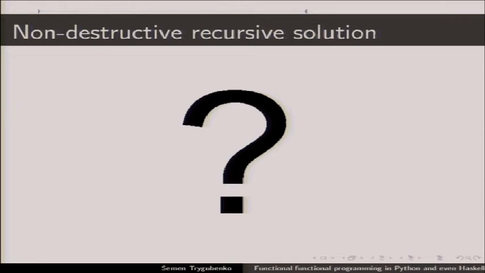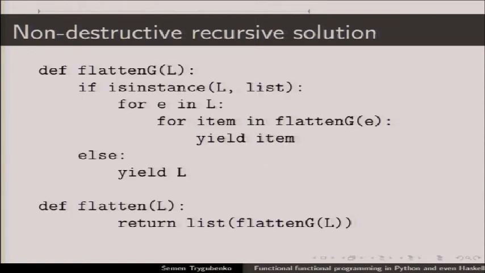Okay, so yeah, of course. We all have to transition at some point. So here's what I propose to do if you want a non-destructive recursive solution, and then we go to coffee break. I have again used an implementation generator called flatteng. I invoked it on the list, and I decided to check if this is a list or not.